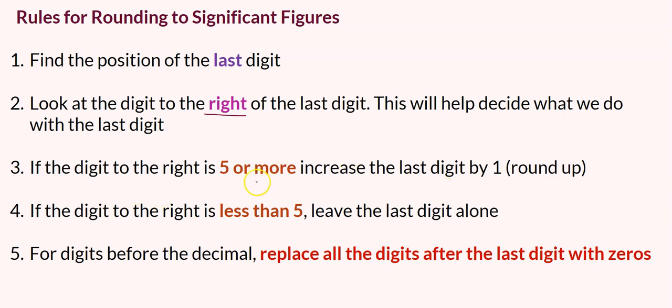If the digit is 5 or more, we're going to increase the last digit by 1, which we call rounding up. If the digit is less than 5, then we're going to leave the last digit alone. And important note, which is step 5, for all the digits before the decimal, we're going to replace the digits after the last digit with zeros.